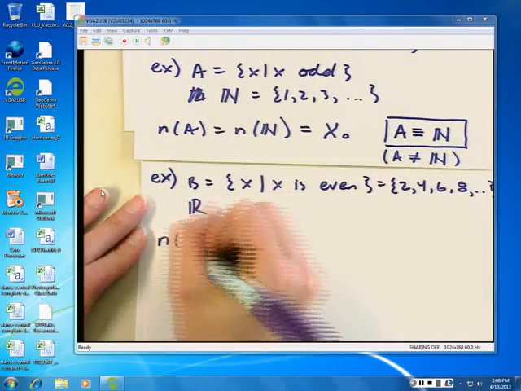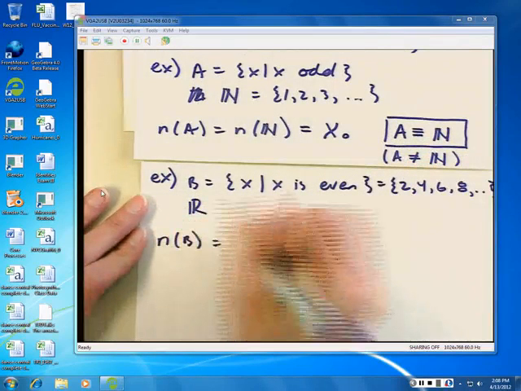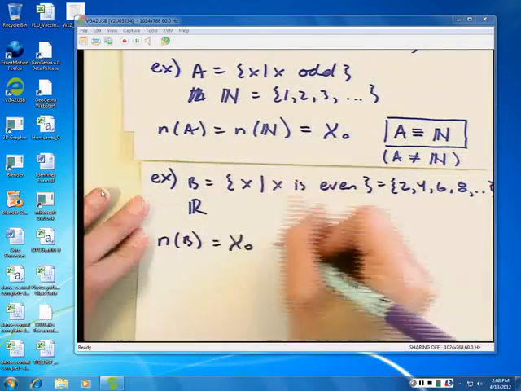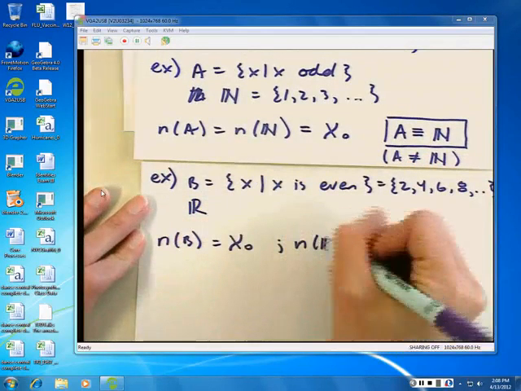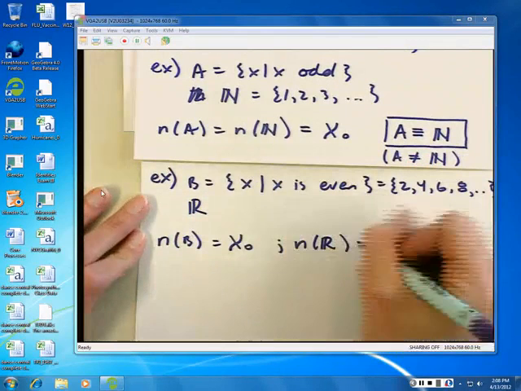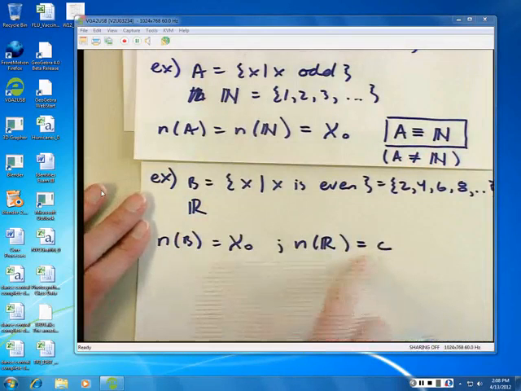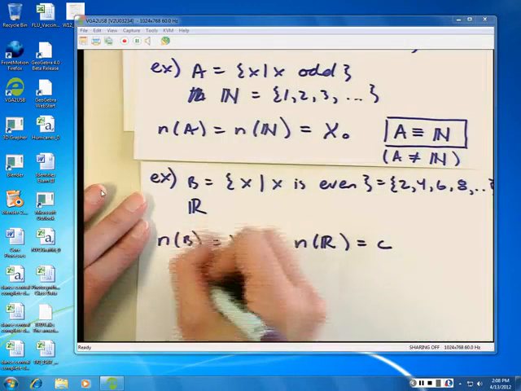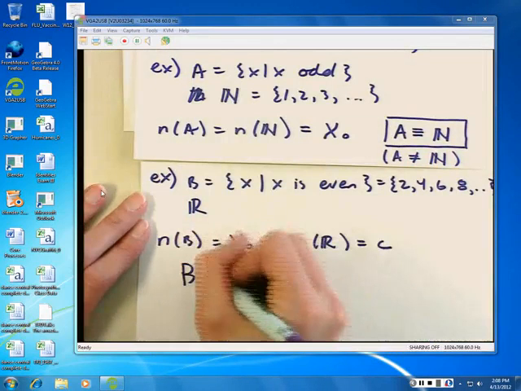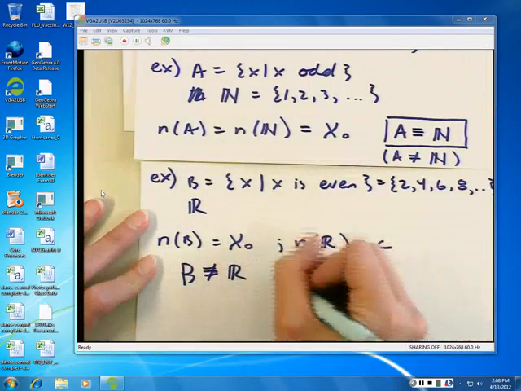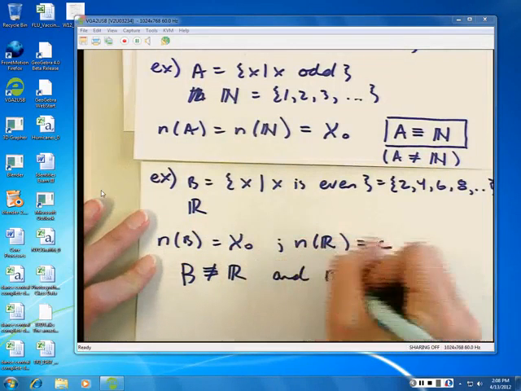So the number in B, the cardinal number, is aleph naught. And we know that the cardinal number for the reals, because it's not countable, is C. They don't have the same size. This is a larger infinite cardinality than this one, which means that they are not equivalent and not equal, obviously, not equal.